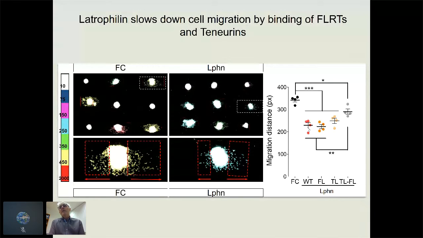And he then used structure-driven point mutants of latrophilin that no longer can interact, for example, with the FLRTs.